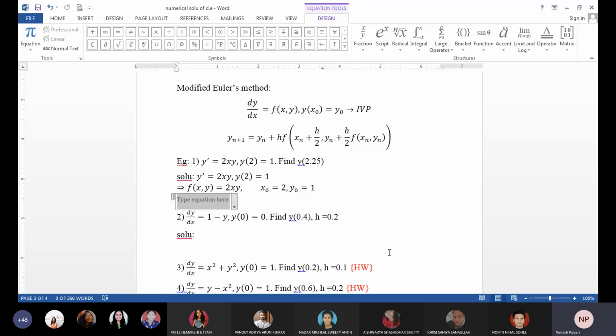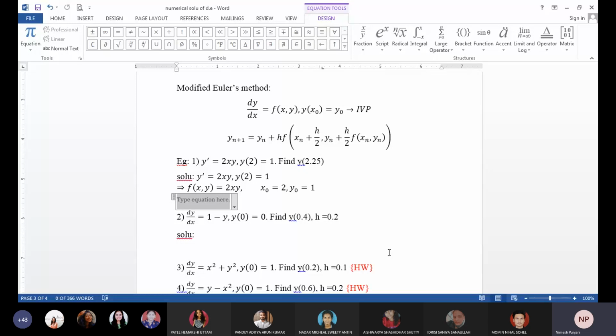See, the initial condition here is given as y of 2 equals to 1. So y of 2 is equal to 1. What is the general form of your initial condition? y of x0 is y0.